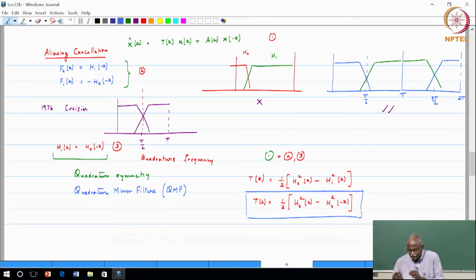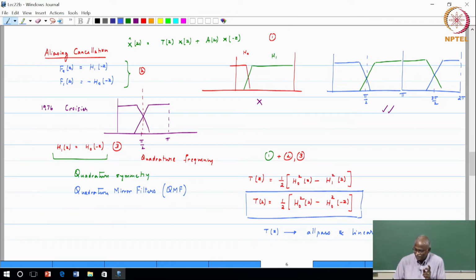Now, the goal is that I have to design H naught, but what would I like to satisfy? I would like T of z to be equal to T e of z. I would like it to be all pass and linear phase, or something close to that.